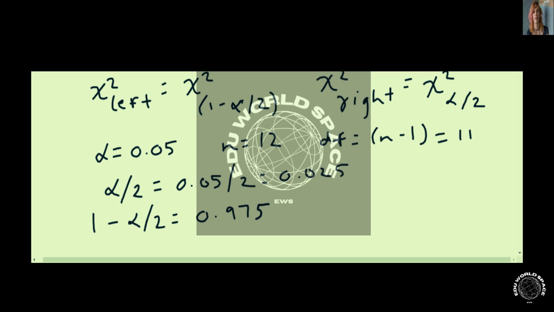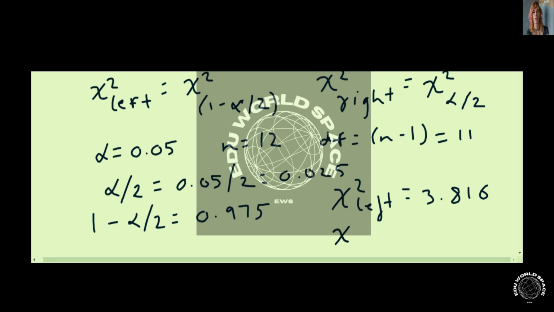So using the chi-square table, now we can find the chi-square left and chi-square right values. Chi-square left value would basically be chi-square 0.975 with degrees of freedom 11. And if you check the table, this value would be 3.816.